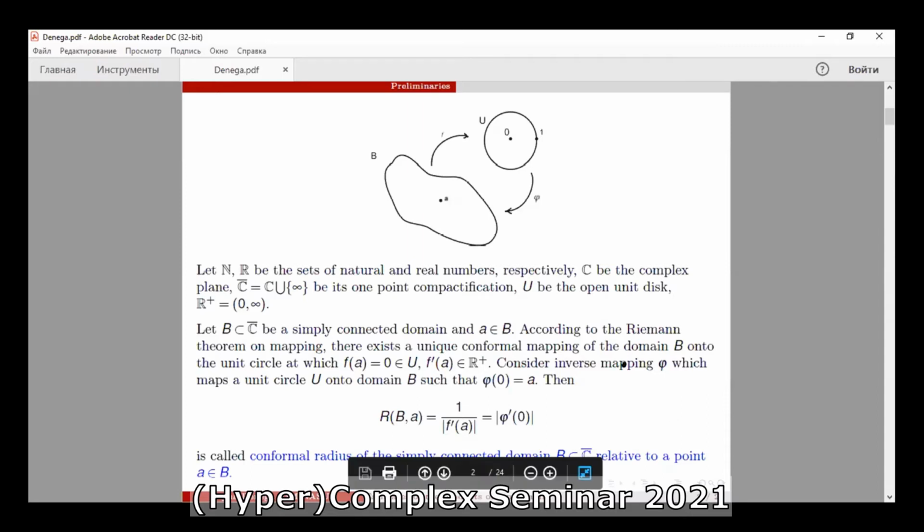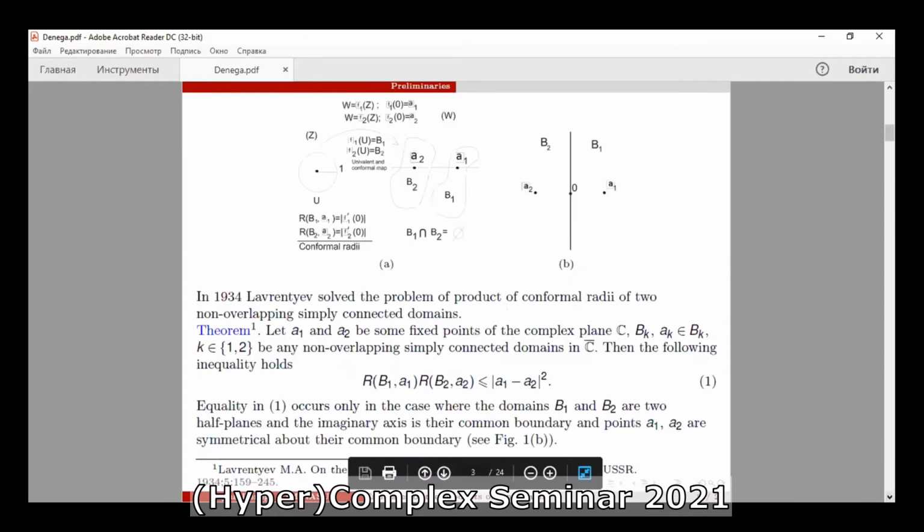If we consider the inverse mapping, which maps the unit disk onto the domain B such that it maps 0 to A, then R of B, A equals 1 over modulus f prime of A, which equals modulus of the inverse map's derivative at 0. This is called the conformal radius of the simply connected domain B relative to the point A from B.